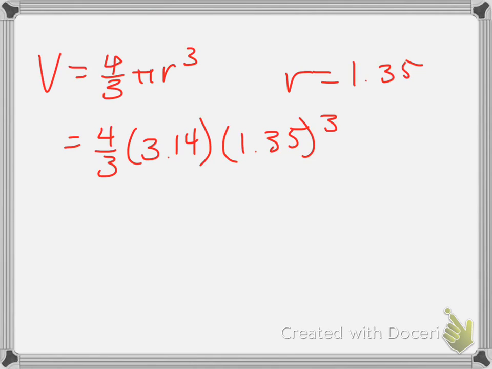So let me go ahead and do that. 4/3 times 3.14 times 1.35 cubed is going to be approximately 10.3 cubic inches. But that's the volume of 1, and we have 3.